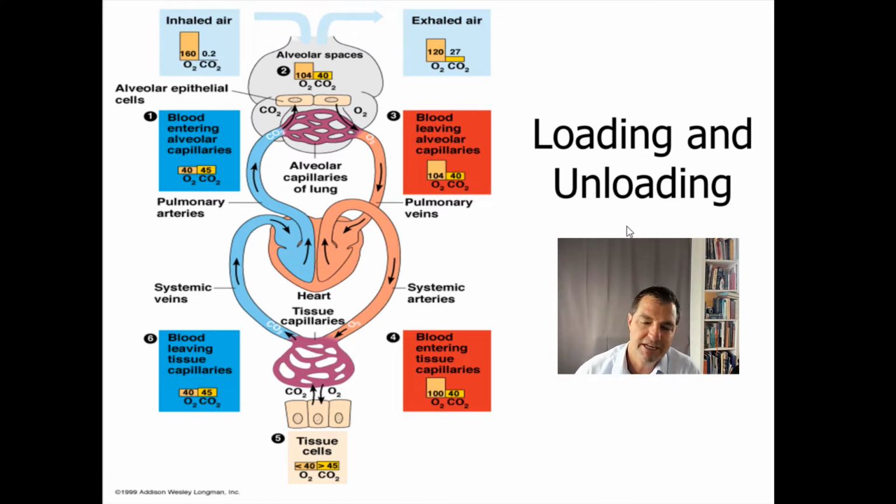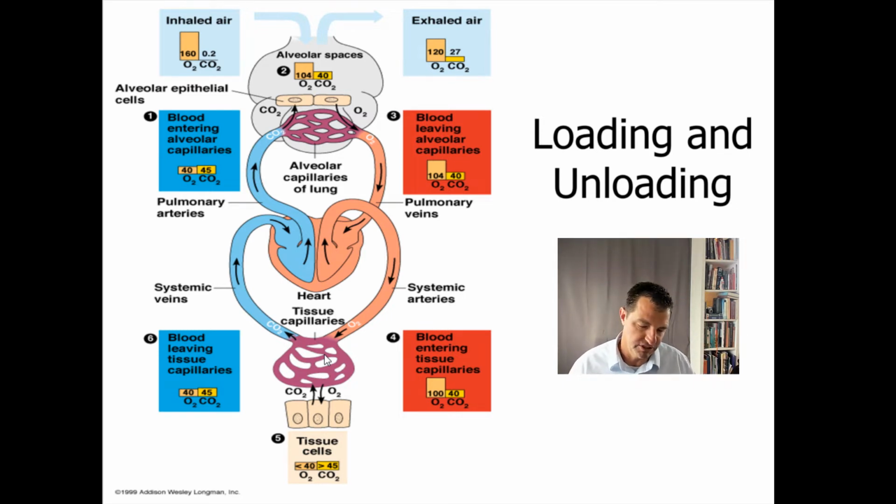And today what we're going to talk about is the delivery then of oxygen and the removal of CO2 to the different tissues. So we have our four-chambered heart, as you see here, and it's pumping blood to, say, all your tissues in your body, like your brain and your legs and your liver and all that kind of stuff.